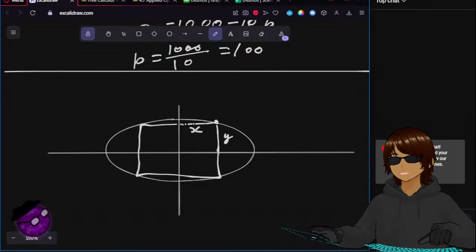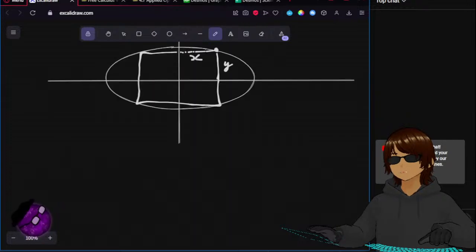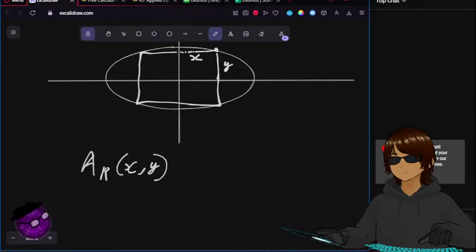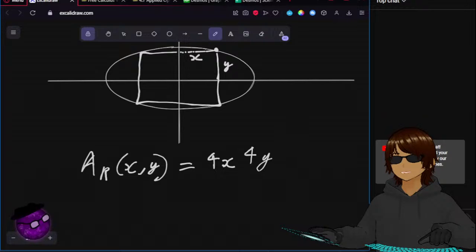So it would be 4x. So the area of the rectangle given x, y would be 4x times 4y. And 4 times 4 is 16xy.